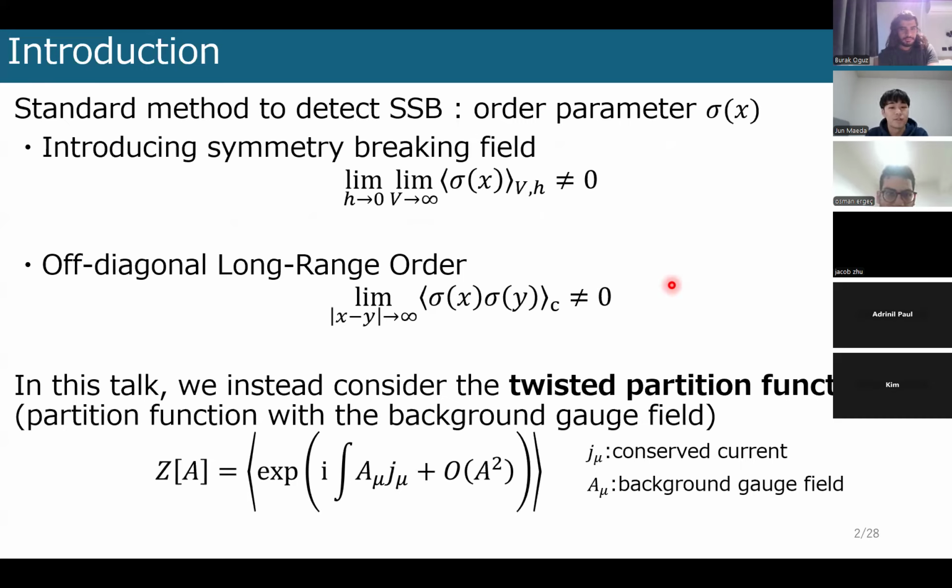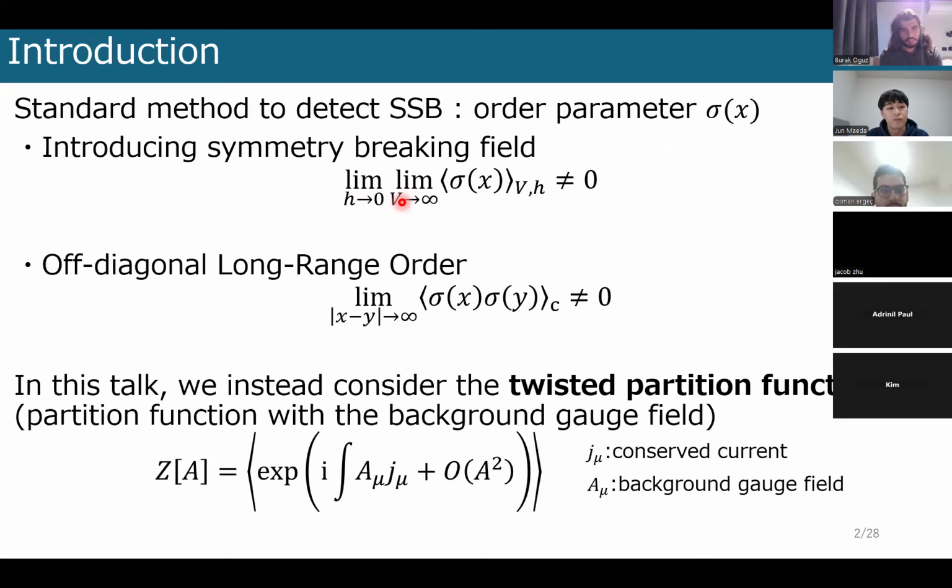When we want to detect the SSB phase, we usually use order parameters. So we introduce a symmetry breaking field and we evaluate the one point function of the order parameter. Then we take the large volume limit, and after that, we take the h to zero limit, where this h is a symmetry breaking parameter like a magnetic field.